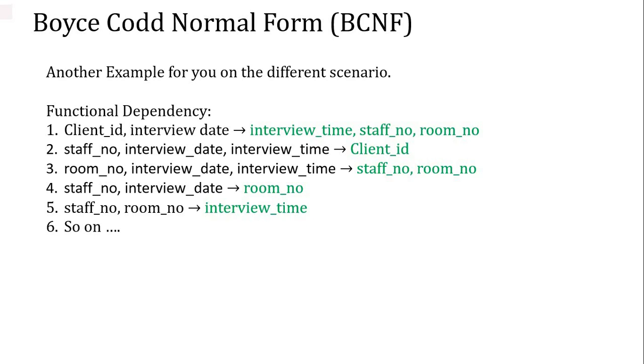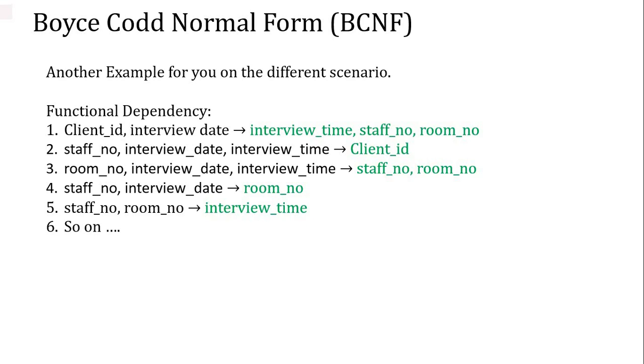Here I am giving 5: client ID, interview date determines interview time, staff name, room number; staff name, interview date, interview time determines client ID; room number, interview date, interview time determines staff name, client ID; staff name, interview date determines room number; staff name, room number determines interview time.